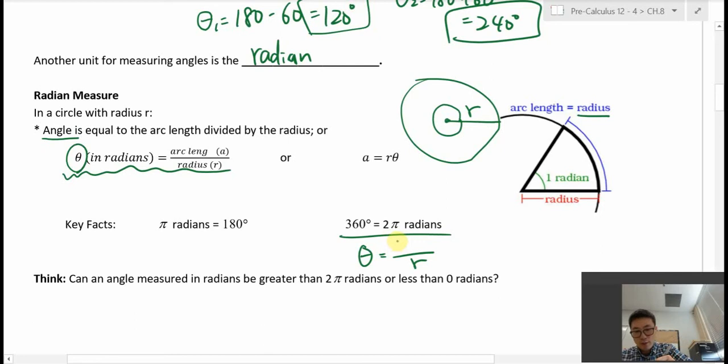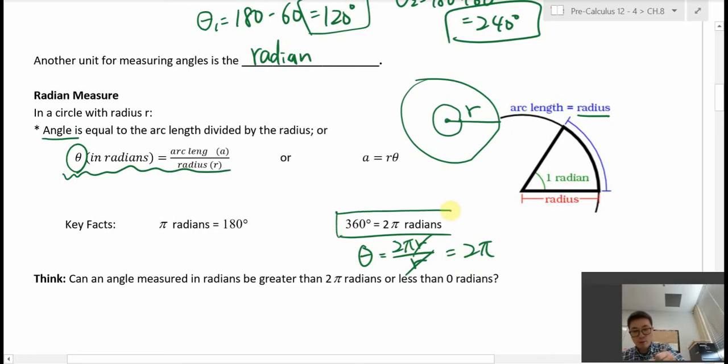So the arc length is 2 pi r, and the radius is r, so you can cancel the r's. So 360 degrees is equivalent to 2 pi radians.